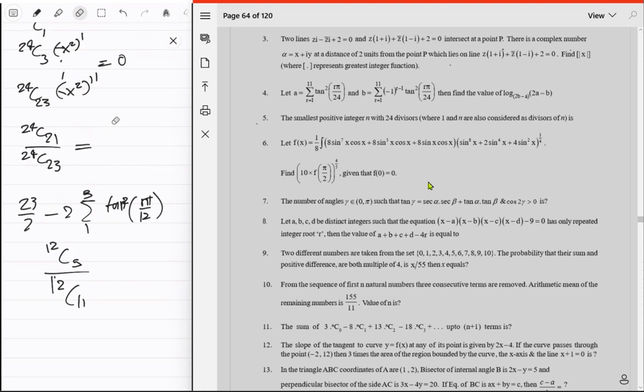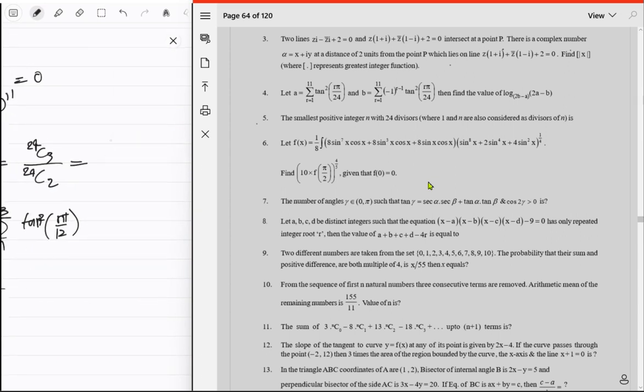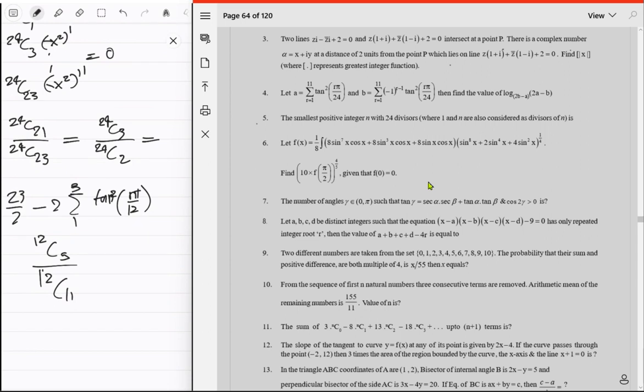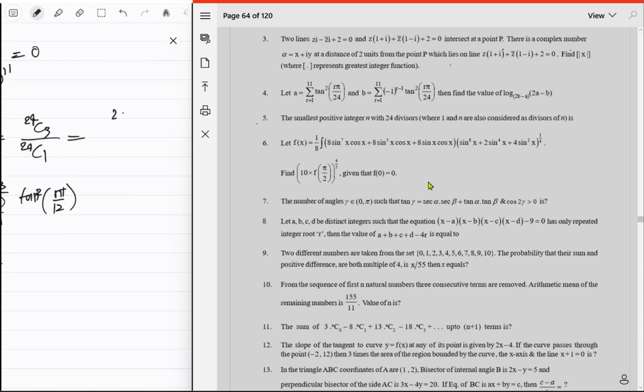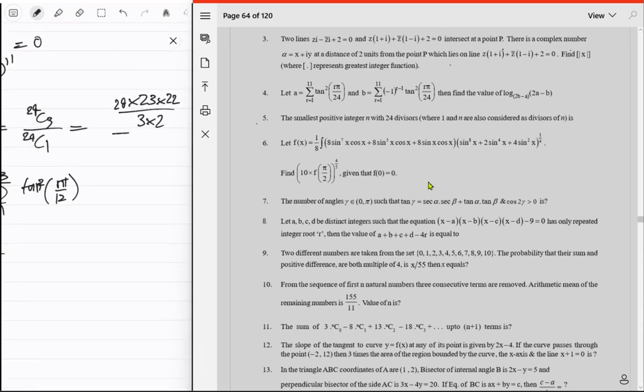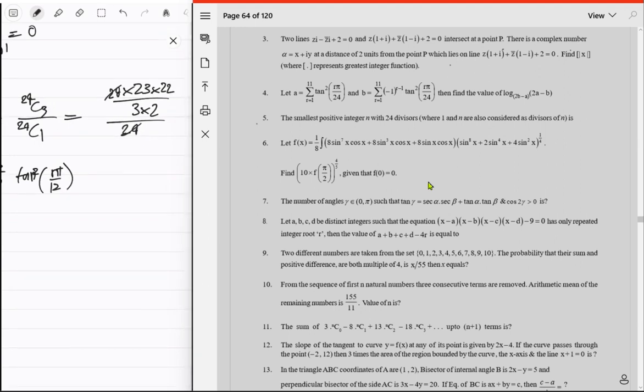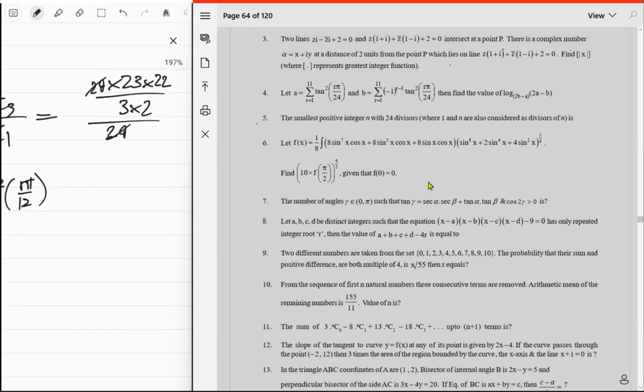So 23 upon 2 will not be it, it's just n minus r which is, okay, this is going to be a little different, no? Yeah, just 24c3 upon 24c2 which is, shit, it's not 2, it's just 1 more than 2: 24 times 23 times 22 upon 3 times 2, which is, 24 will cancel for us, which is what, okay, this will just be 11, it's like what, 253 upon 2.